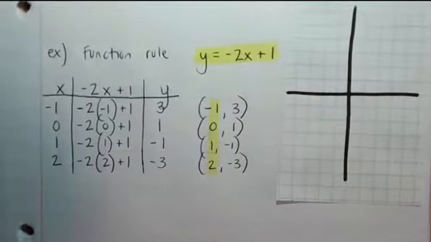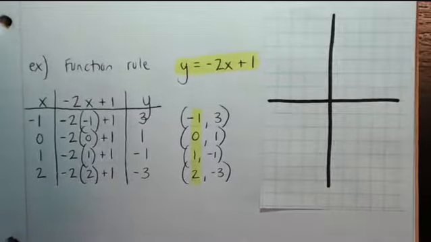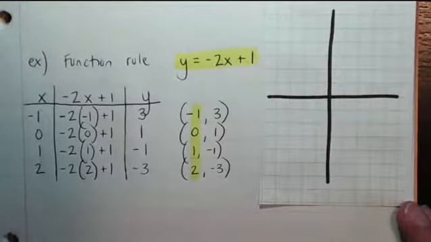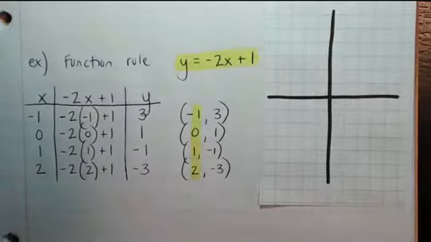So it looks like this. And then the next step is let's figure out if this is linear or not. We know it's a function, but what type of function is it? So I'm going to go ahead and plot the points that I just found.